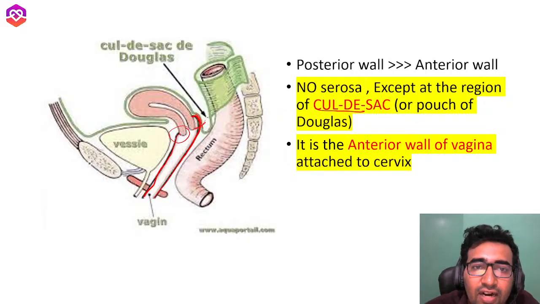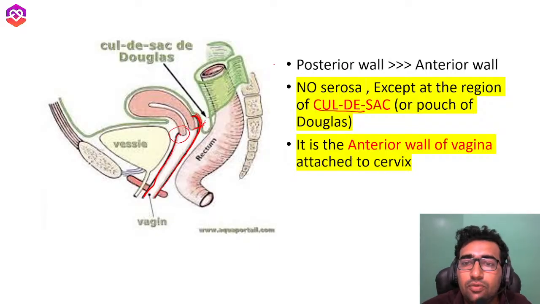So at the region of the cul-de-sac only, the posterior vaginal wall is covered with serosa. Any other part of the vaginal lining, whether anterior or posterior, is not covered with serosa. That's what I want to tell you in these points. The posterior wall is elongated compared to the anterior wall, with no serosal covering except at the cul-de-sac, or the pouch of Douglas. I will explain that later. Anyway, the serosal covering is only at the upper end of the posterior wall.